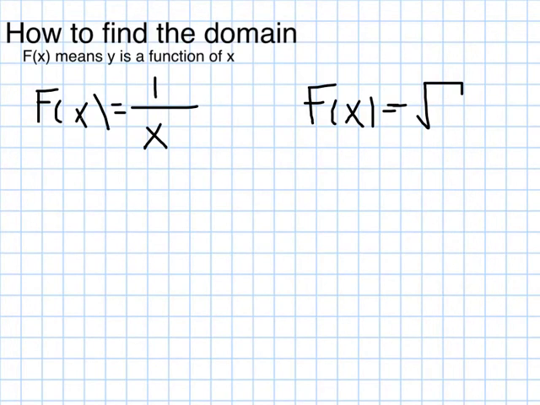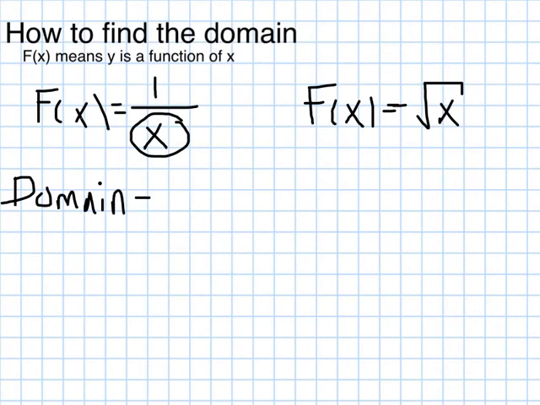Alright, so to find the domain of x, let's do a problem, this one right here. It means that the denominator cannot equal 0. So in this case, our domain can equal all real numbers except x cannot be 0.